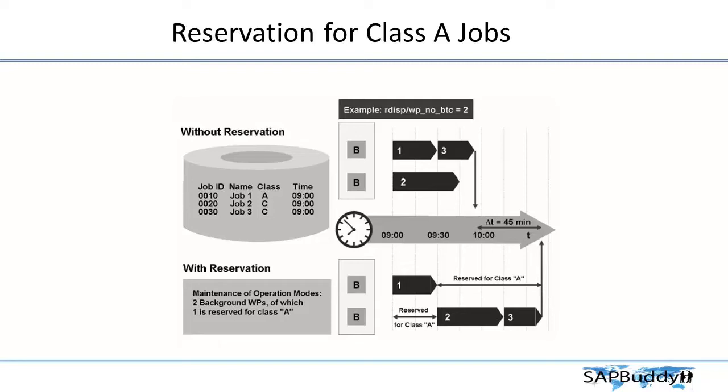Even though I said one or two work processes can be reserved for class A jobs, in a perfect scenario I would say don't reserve more than one work process per instance for class A jobs, because we have previously seen that the higher number of work processes we need to schedule should be for class B or class C.